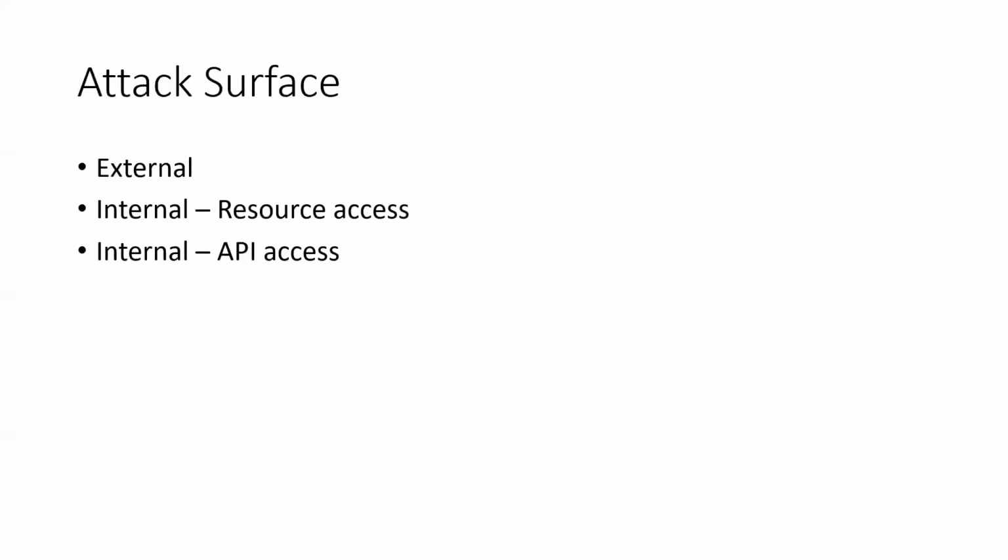So Azure AD, everything has an attack surface, and Azure AD as well as Azure typically has an external attack surface, which is its interactions through Office 365, through authentications that happen. It's always online, always available.